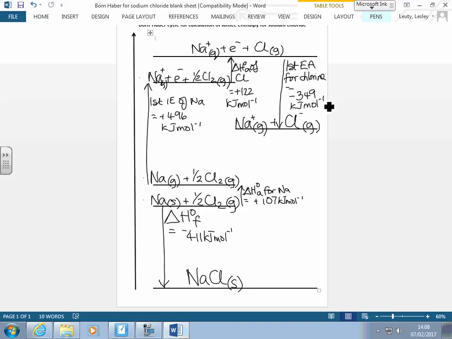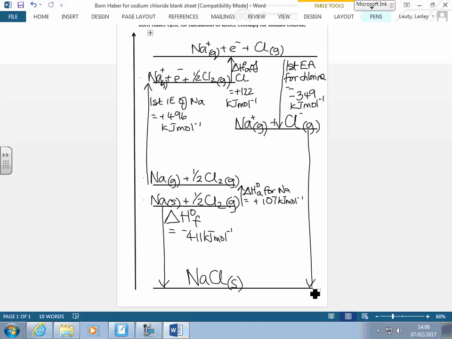So what are we left with? It's the final drop, isn't it? From those sodium and chloride ions down to the sodium chloride. So what would we call that? That is our lattice enthalpy.